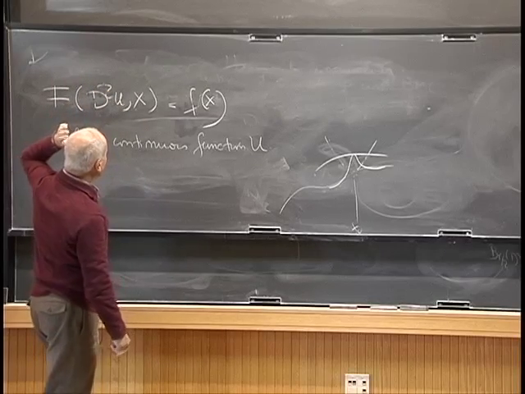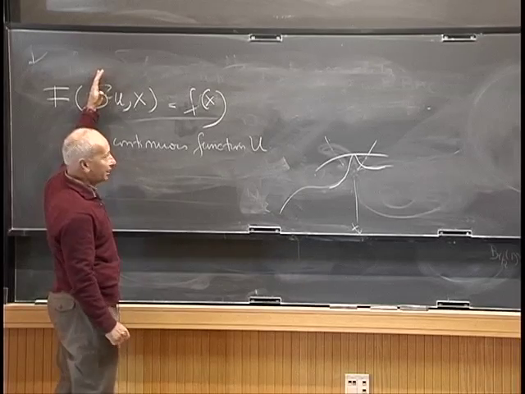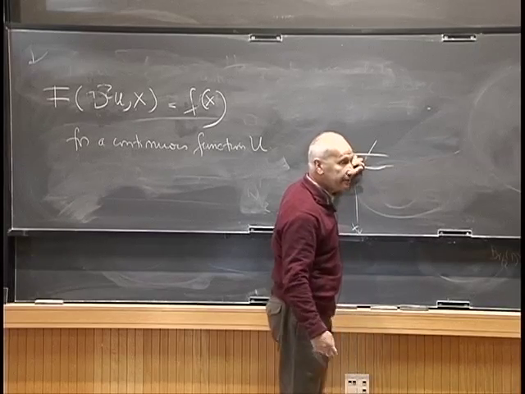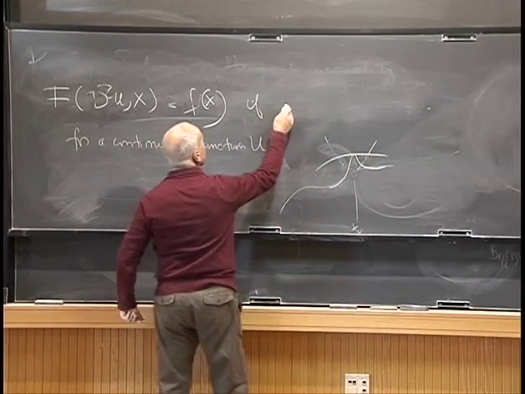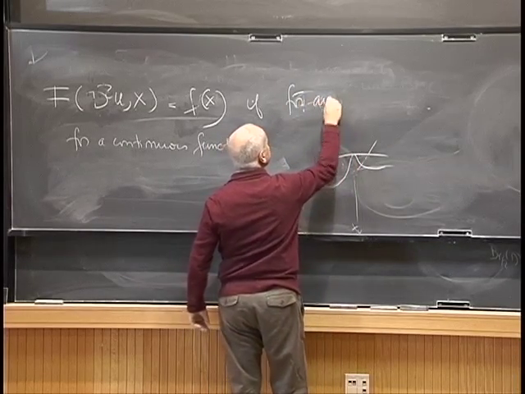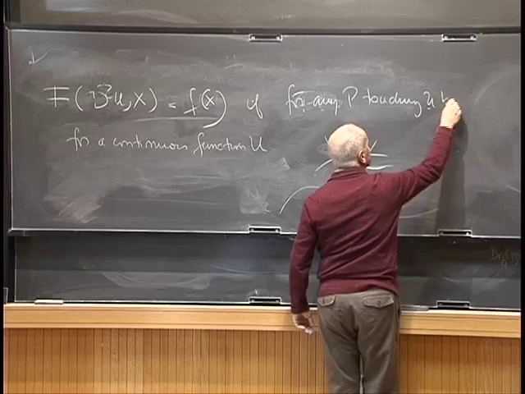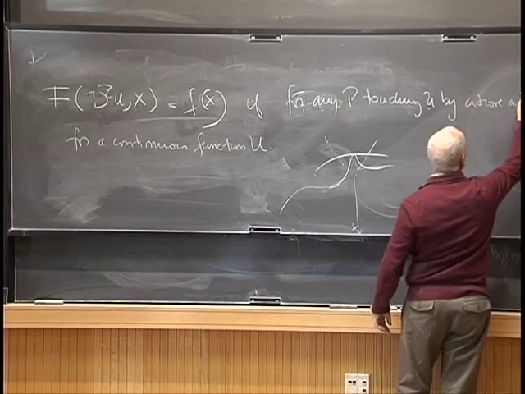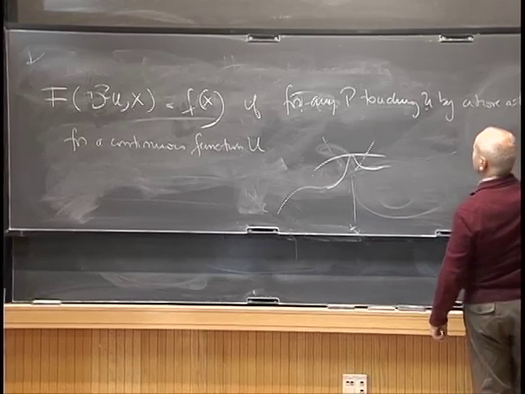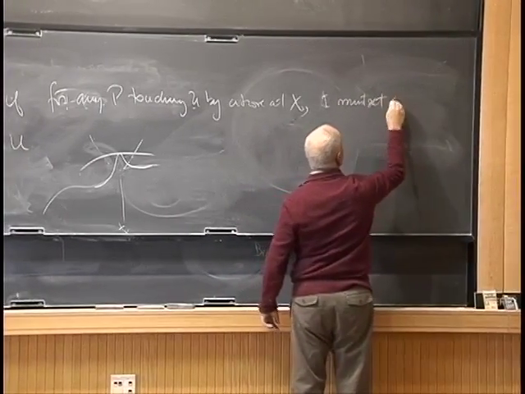If whenever I put in something that I can compute, and the simplest thing is a quadratic polynomial, and the quadratic polynomial happens to touch the surface from above, I have to get a bigger number.